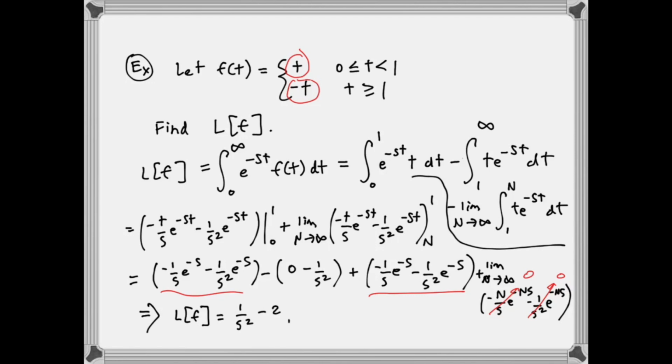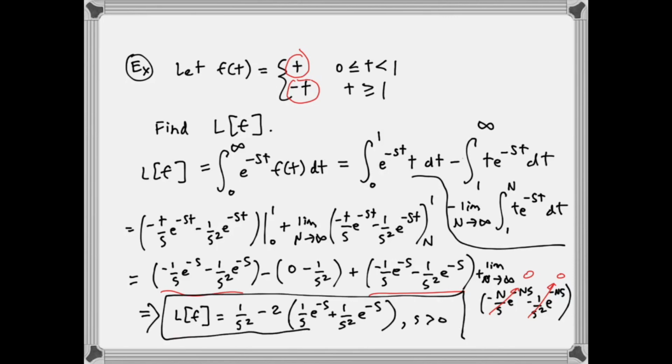So I'll pull out a negative and write 2 times 1 over s e to the negative s plus 1 over s squared e to the negative s. So what assumption did I make? Of course, I made the assumption that s was positive when I took these two limits to 0, and so this is only if s is greater than 0. So there you go. That's my answer.